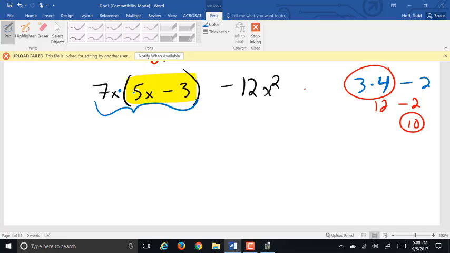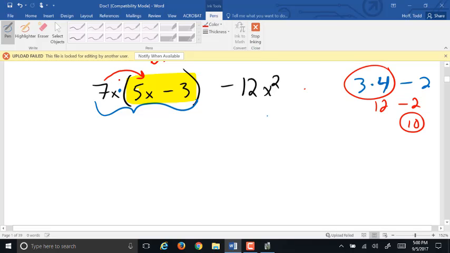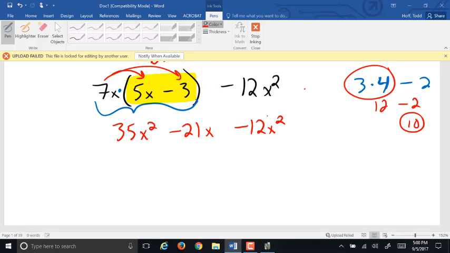So we can go ahead and do that multiplication. I'm going to use the distributing method to save some space. 7x times 5x is 35x squared, good. 7x times negative 3 is negative 21x.